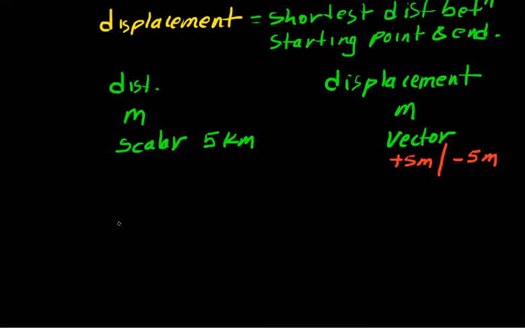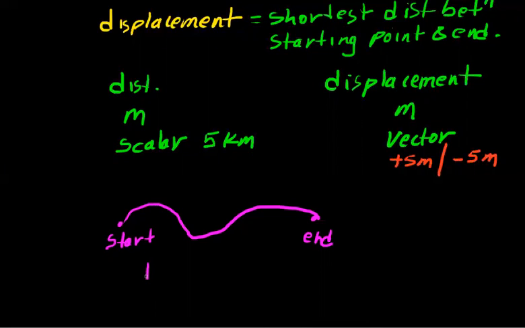Let's say a body starts from point A. So this is a start and it reaches the end point over here. A body uses this path to travel from A starting point to the ending point. So the distance is equal to the length of the path.